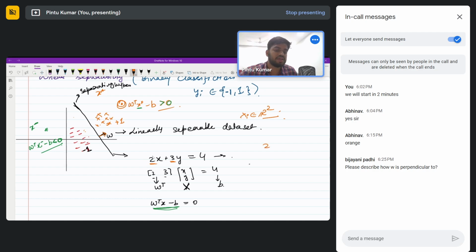So if your line is something like 2x plus 3y is equal to 4, then your W is the vector (2, 3), which is the coefficients of your hyperplane that you have learned or you want to learn. So W is not a point. W is the coefficient of your hyperplane, or the hyperplane itself, you can call it. That's why we are talking about the perpendicular.